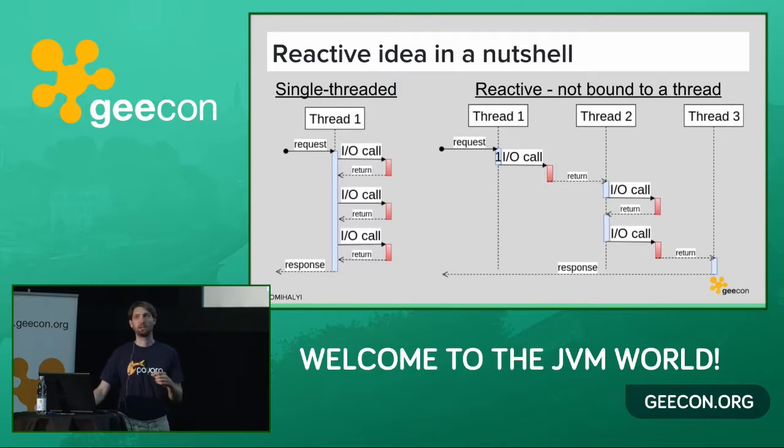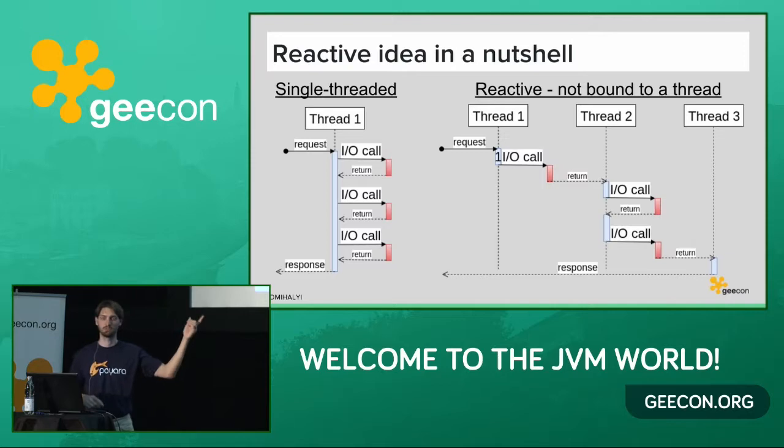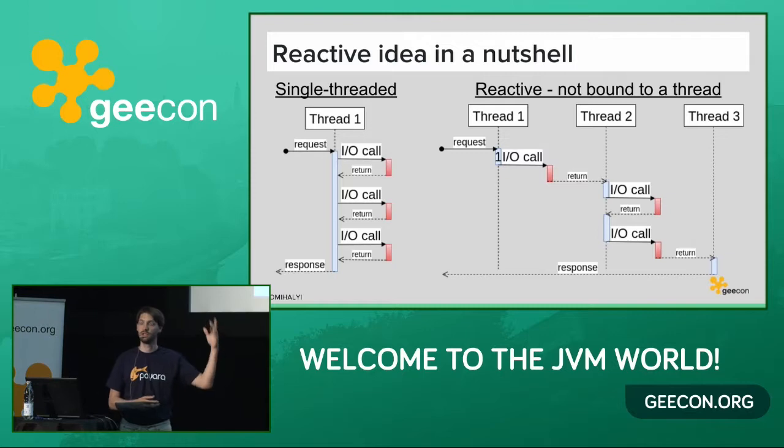To explain the idea of how threads can be reused and more effectively utilized with the reactive approach, I'd like to compare what we usually do in our applications with a single-threaded model and what we can do with the reactive approach to improve the utilization of the threads. So on the left side, there is a diagram that explains how in a single-threaded model a thread is utilized.